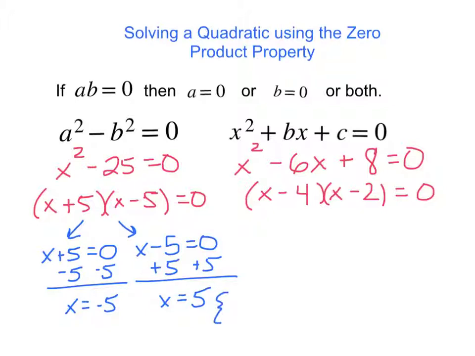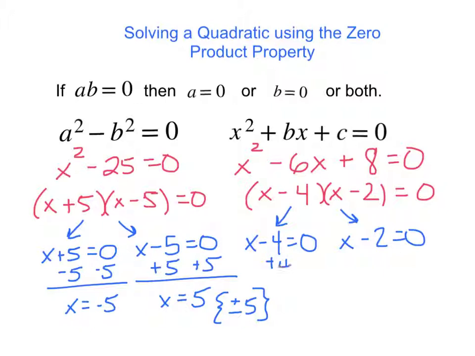And you can actually put plus or minus right here, like that, or you can list them separately, negative 5, positive 5. Same idea over here. Because parentheses 1 times parentheses 2 is equal to 0, then I can separate them out. And I can have x minus 4 equals 0, and x minus 2 equals 0.